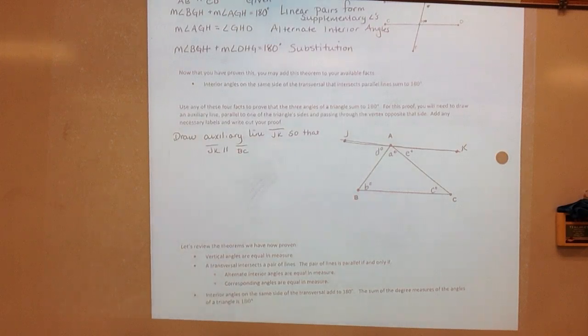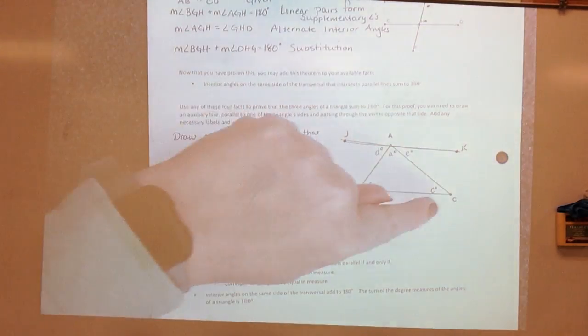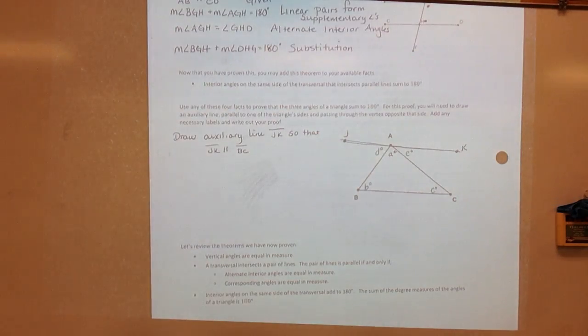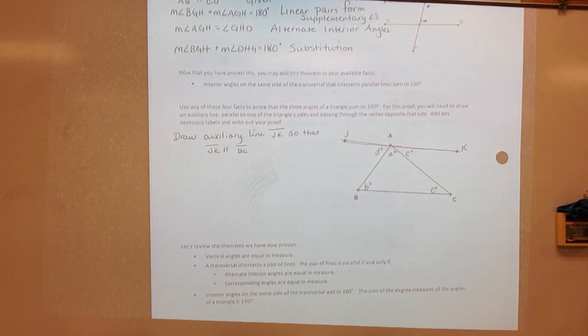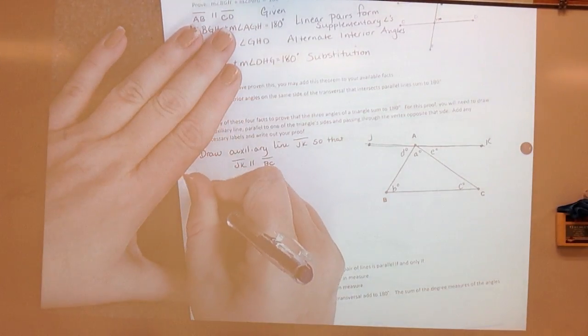All right, so we have just been given a couple different things that we can use here. But I want to prove that the three angles equal 180 degrees. Very first thing, angle A is an angle inside my triangle. So what do I know about angle A? Well, look at everything around it. I know that D plus A plus E is equal to 180 degrees.